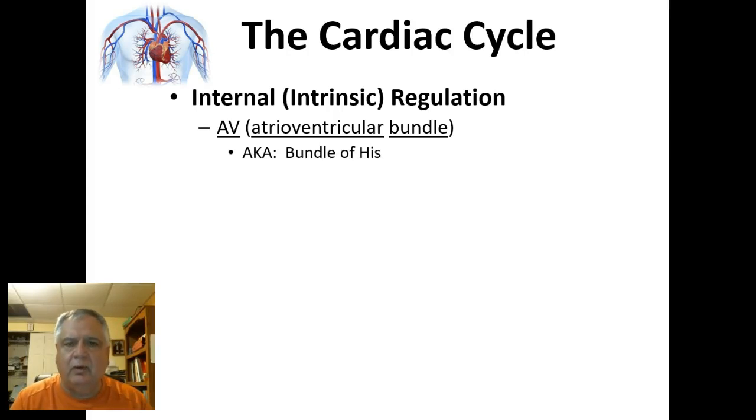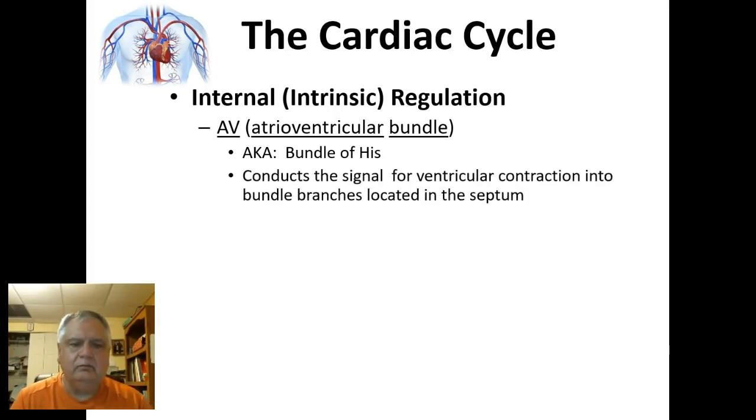This is also known, by the way, as the bundle of His. It's actually pronounced His for the anatomist who first described it, but it looks like His, but it's actually pronounced His.